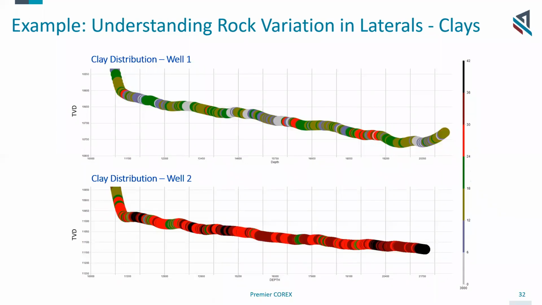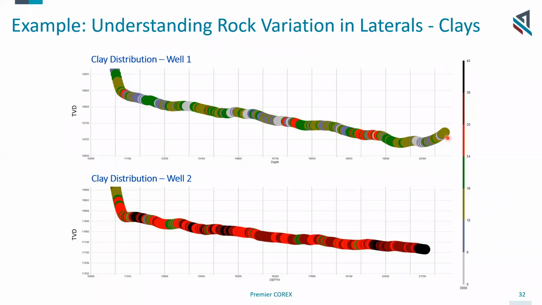And finally, looking at clay mineralogy, well number two, as you can see, is much more red and darker colors, whereas well number 1 is more in the green range, and some grays.